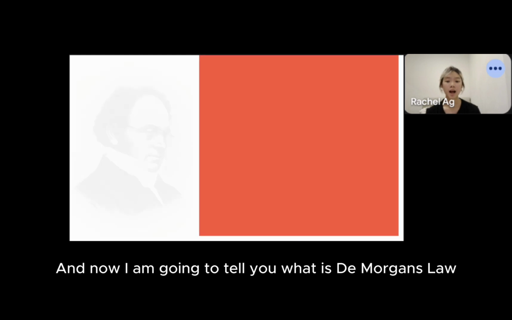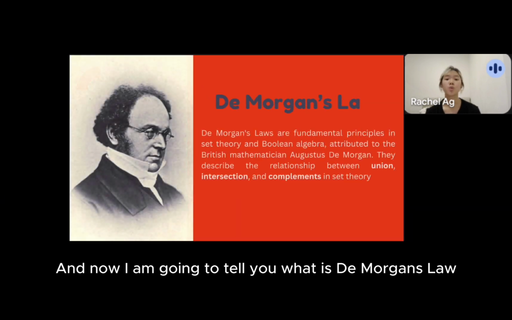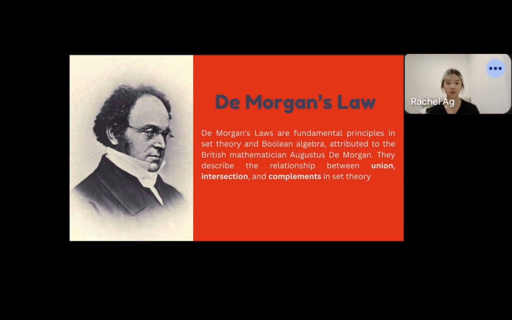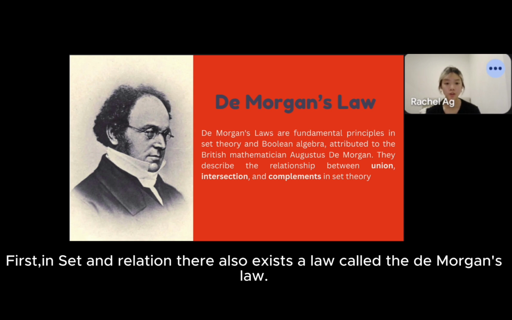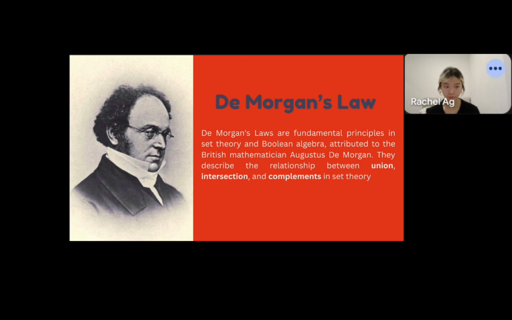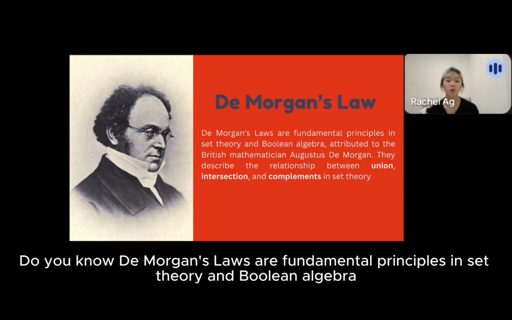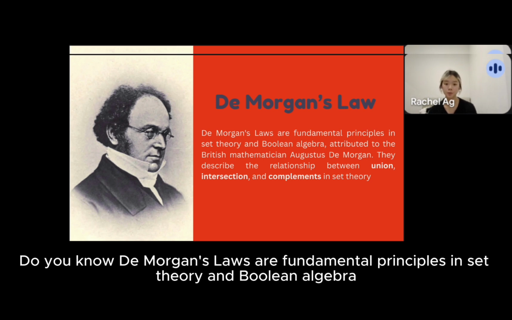And now, I am going to tell you what is De Morgan's law. Okay, so first, in set and relation, there also exists a law called De Morgan's law. Did you know De Morgan's laws are fundamental principles in set theory and Boolean algebra?